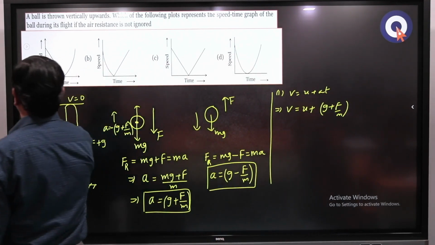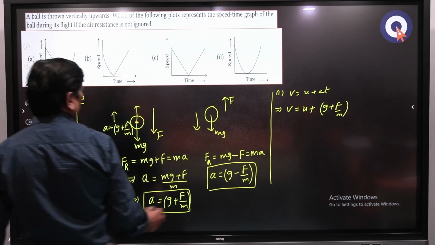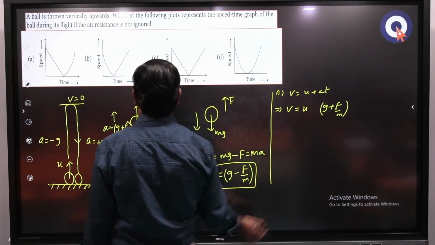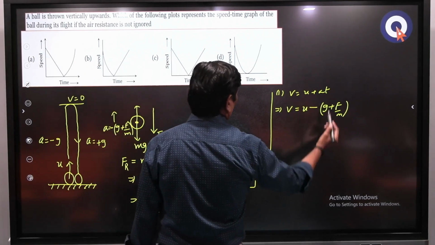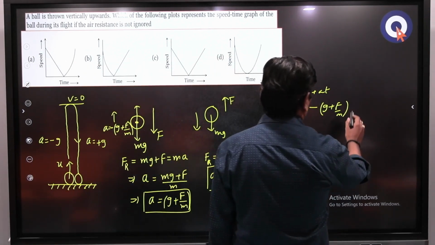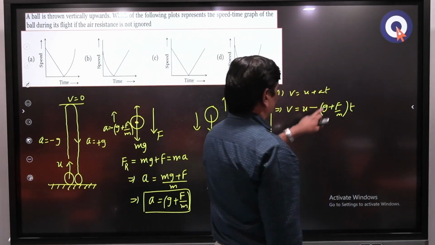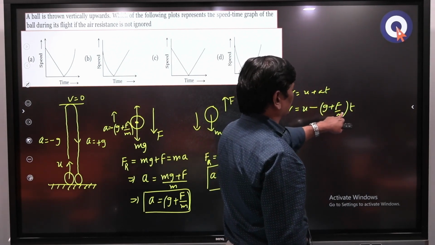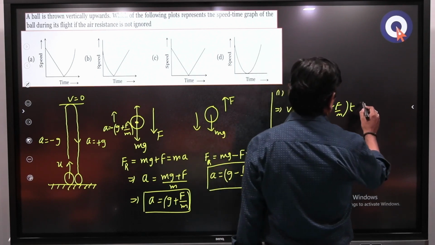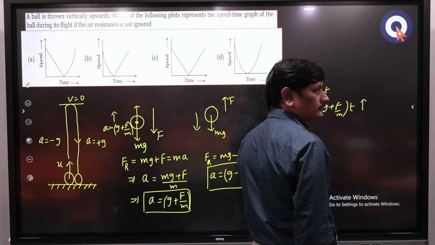Going upwards means we have to put a negative sign here. So V is equal to U minus G plus F by M into T. So in the place of A, we write minus G plus F by M into T. This is while going upwards.